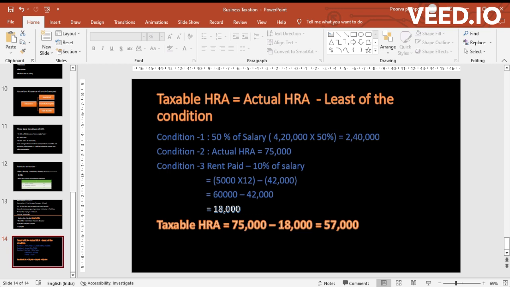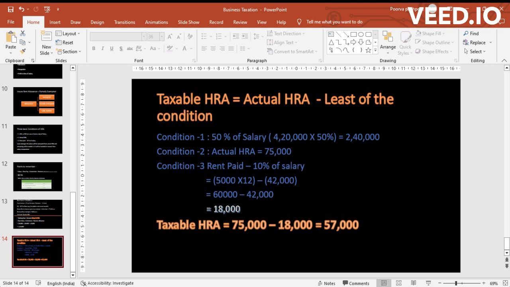Now we will apply the conditions. Condition number one: it is a metro city, Mumbai, so it will be 50% of salary. Salary we have already computed in the working note, 4 lakh 20,000, multiplied by 50% comes to 2 lakh 40,000.